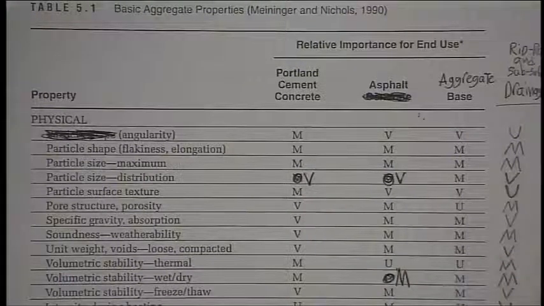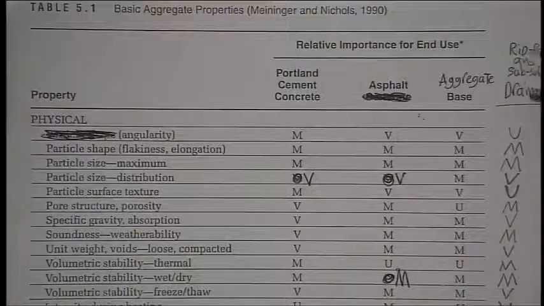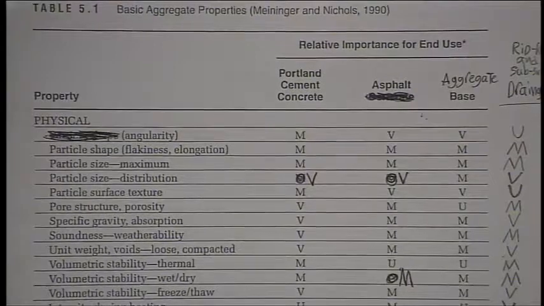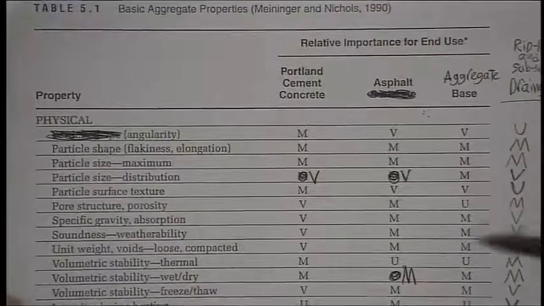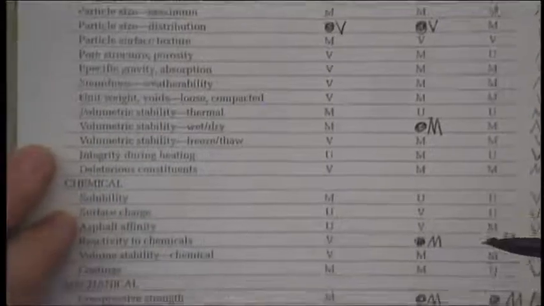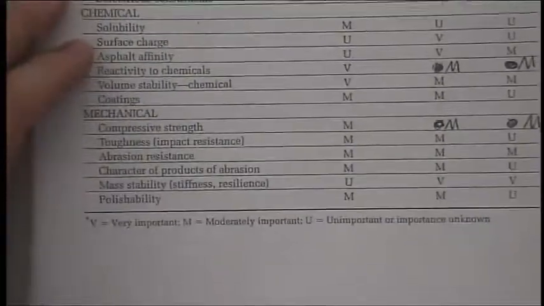And so I actually put my own stuff in, and I also added, you may not be able to see this very well, a column for riprap and subsurface drainage. And so just in general, this is the whole entire chart of different properties.